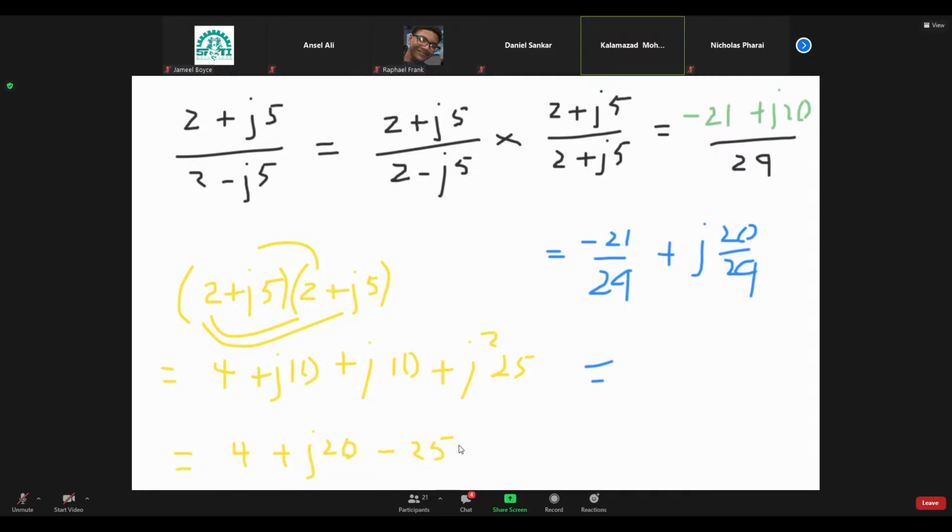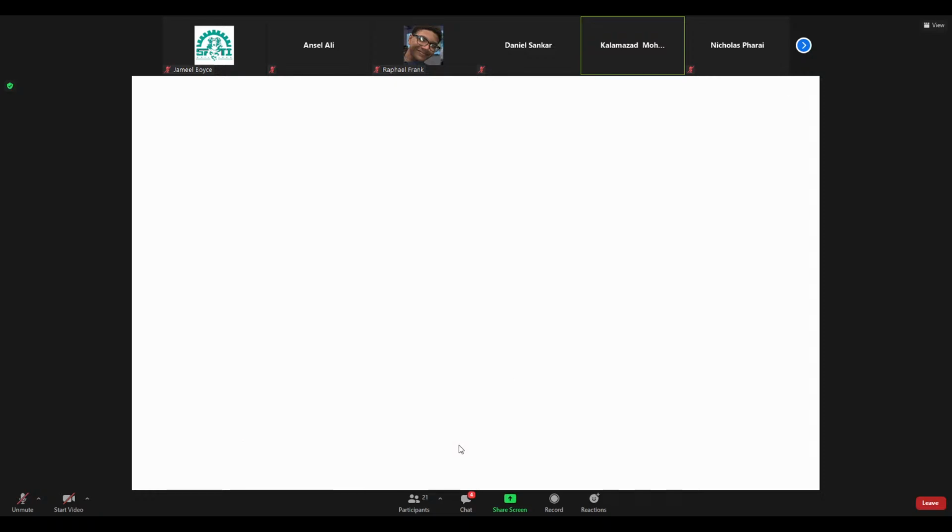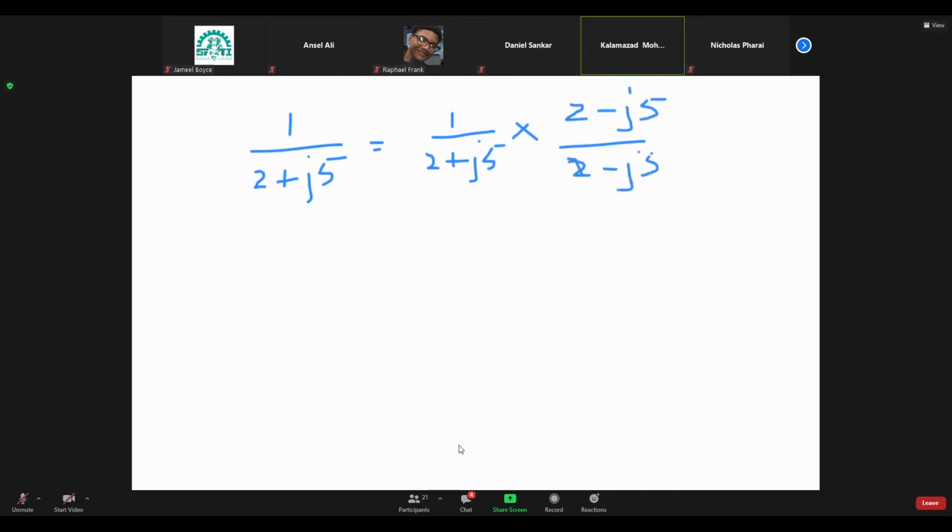Let's do another one. One over (2 + j5) is equal to 1 times (2 - j5) over (2 + j5) times (2 - j5). Again, we see using the same numbers, so the underneath is the same.